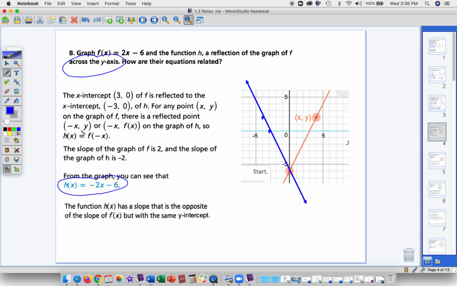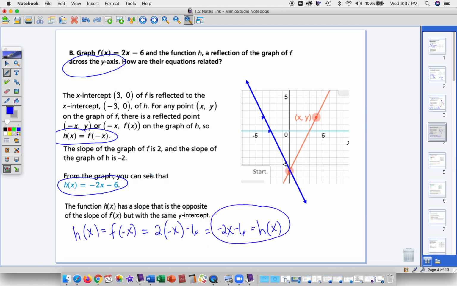This is also the same as looking at the notation this way: h of x is equal to f of negative x, which means I take the original function, 2x minus 6, and I replace the x with a negative x. 2 times negative x is negative 2x minus 6, and that gives me my new function.